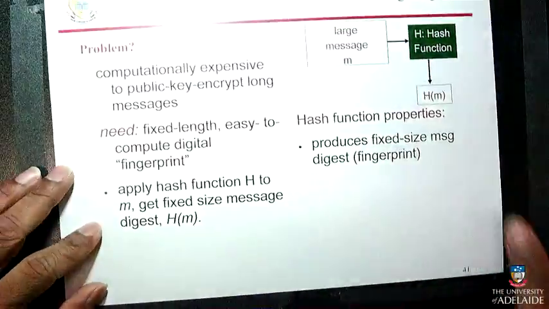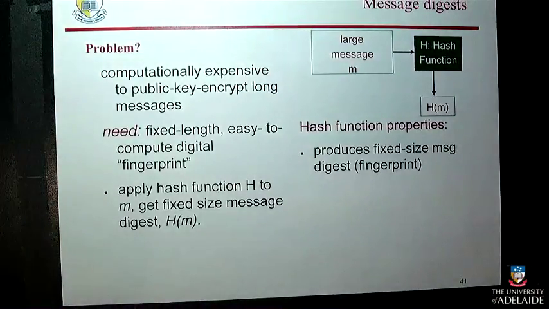So, unfortunately, it turns out that if you have a very long document, I don't know, 5-6 pages, and you want to encrypt it using public key cryptography, this is time-consuming, and it generates a very large output, right? So one way to solve this is to use what's called a hash function.